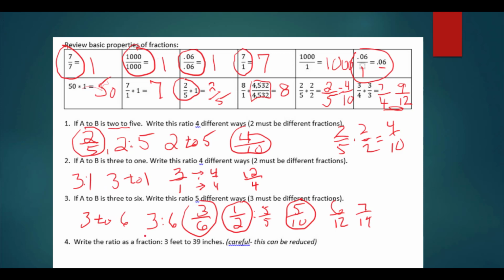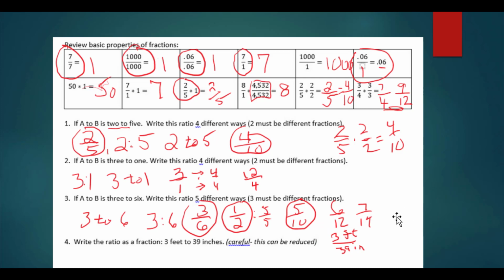Finally, I have this fraction here. 3 feet, and I better move that up a little bit, put it over here. 3 feet to 39 inches. Can I reduce that? I want you to think about that.